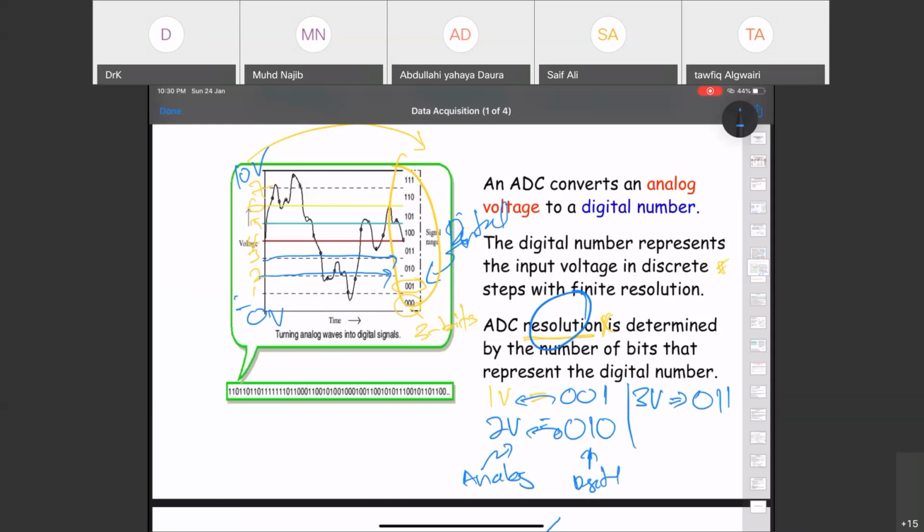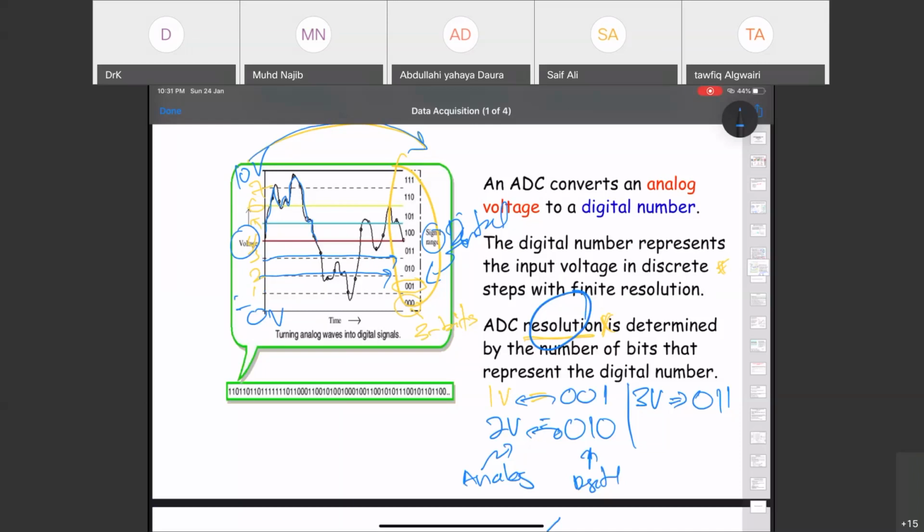From this diagram you can also see this is your analog graph. When you plot analog and digital signals on the same plane, you are looking at the mapping from analog to digital, and this is how the conversion happens.